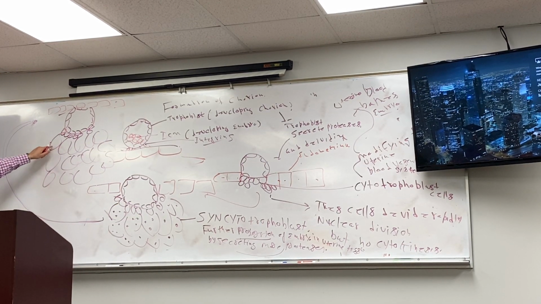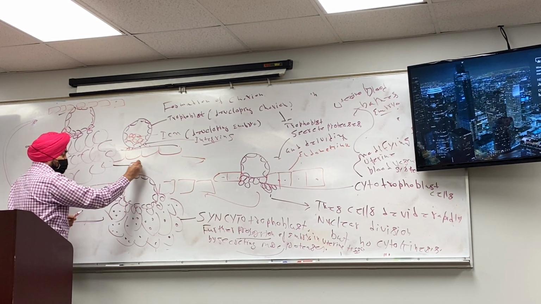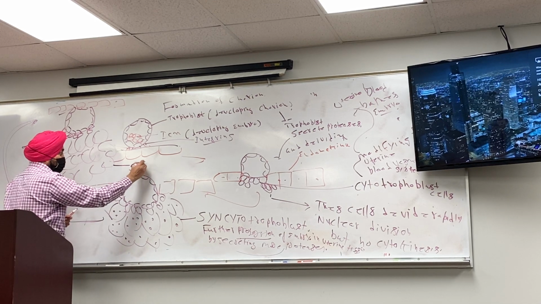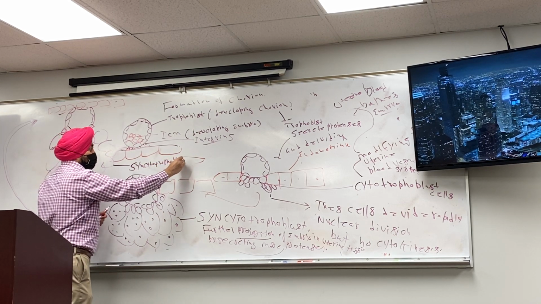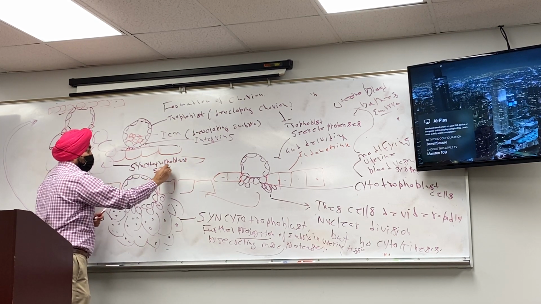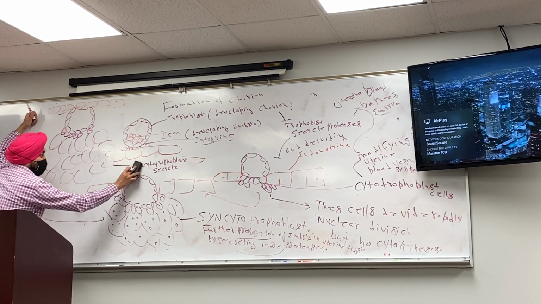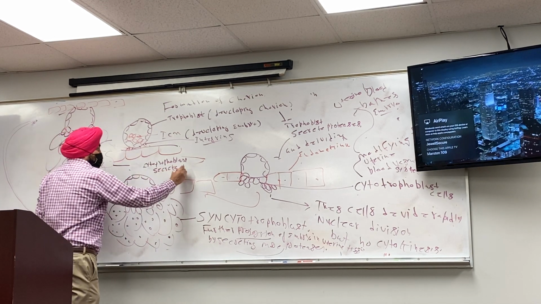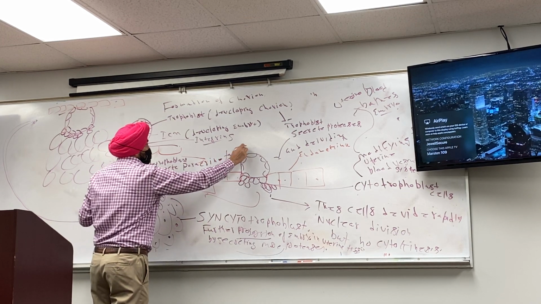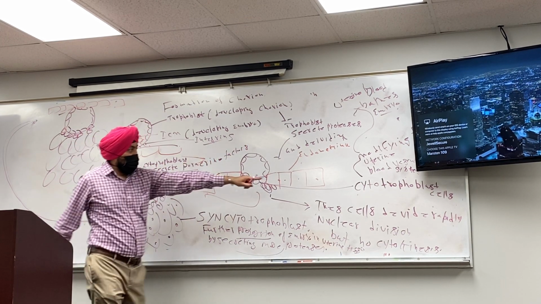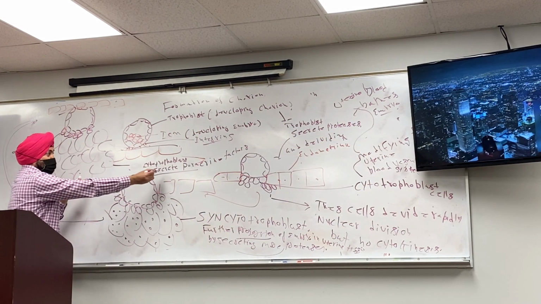At that point, when this reaches further, these cytotrophoblast, sorry, not syncytio, cytotrophoblast, they secrete paracrine factors. So they had modified the blood vessels here, right? Now at this stage, they secrete the paracrine factor.